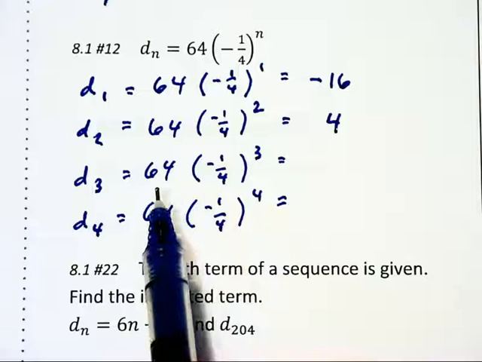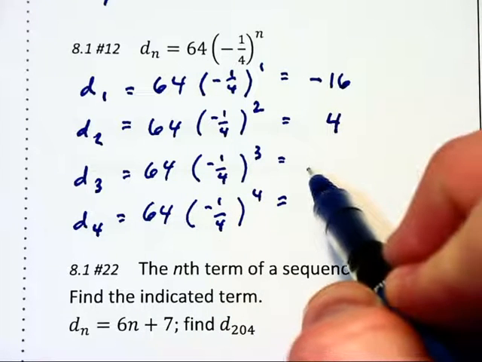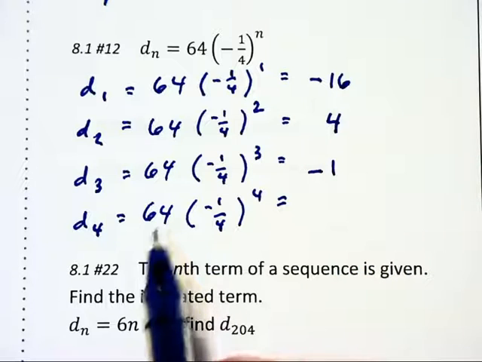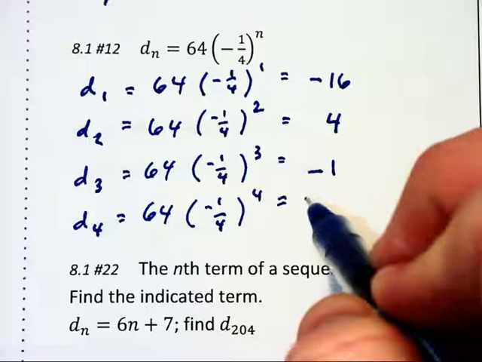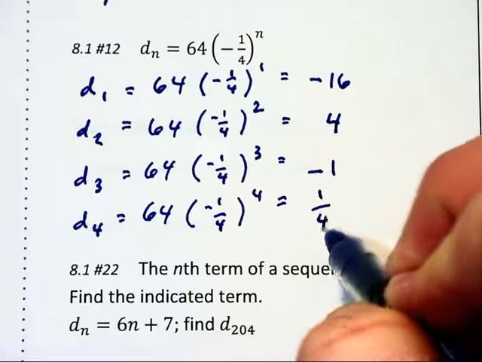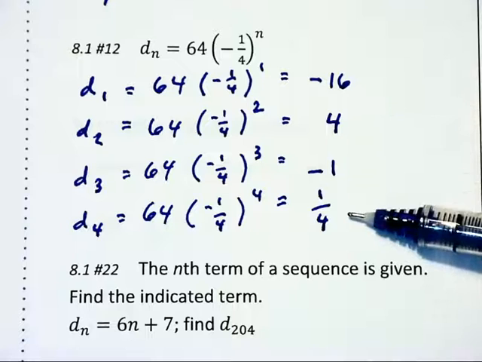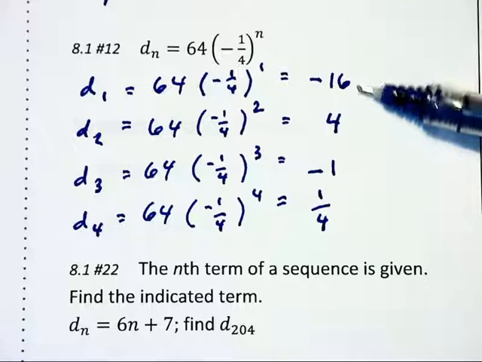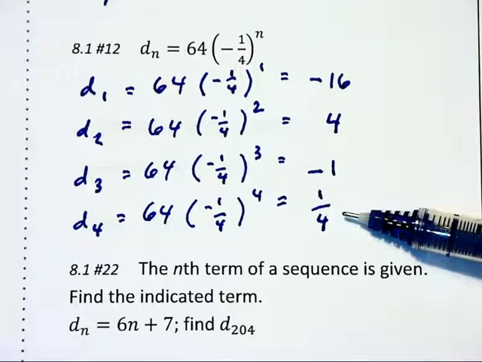We then have 64 times negative 1/64, which is negative 1, and then 64 times 1 over 256, which is equal to 1/4. Notice that the result, each term, can be found by multiplying the previous one by negative 1/4. A little bit later we will call that the ratio within this problem.